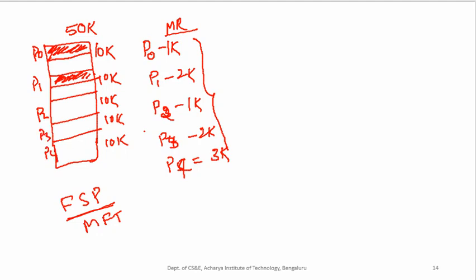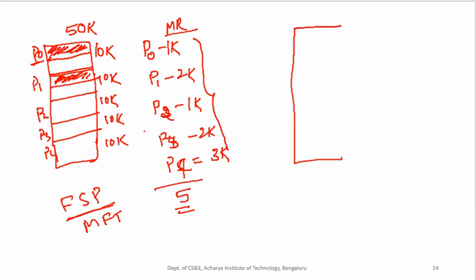Now the process P0 is not occupying the entire partition which is given to it. It has occupied only 1K of the 10K space allocated to it, right? Now how many processes at the maximum can we run concurrently? Only 5, right?